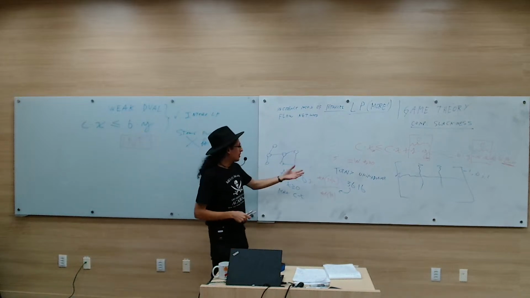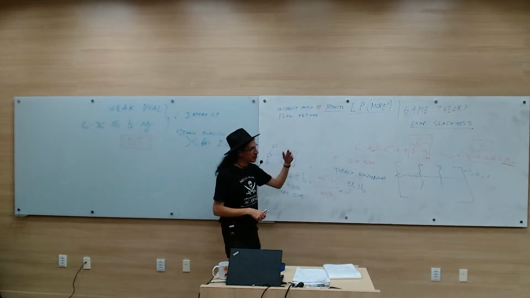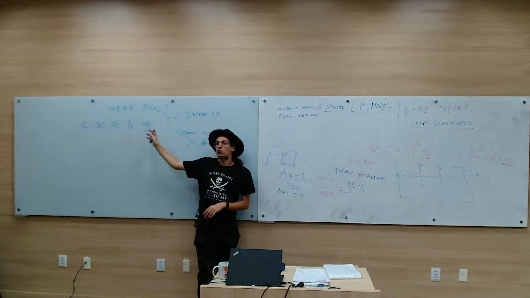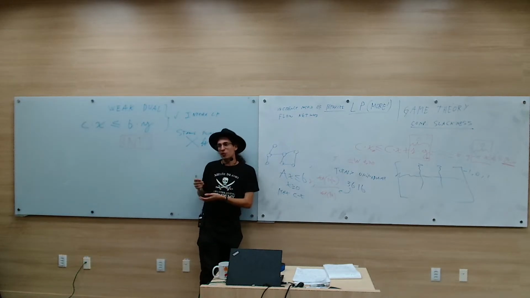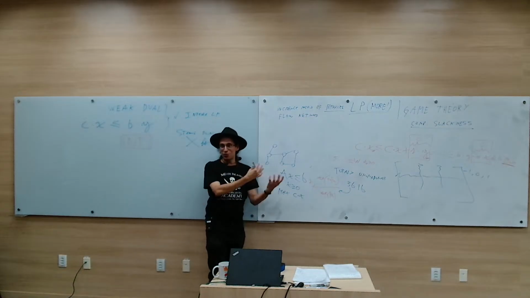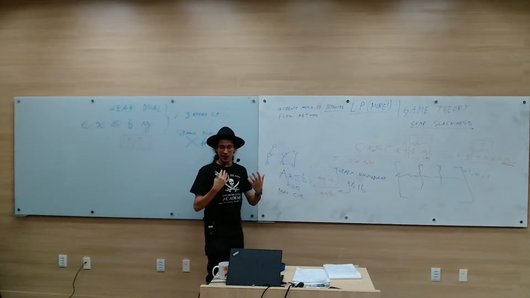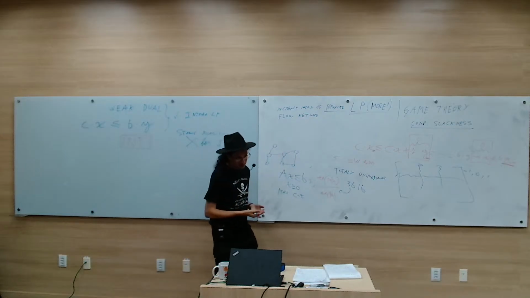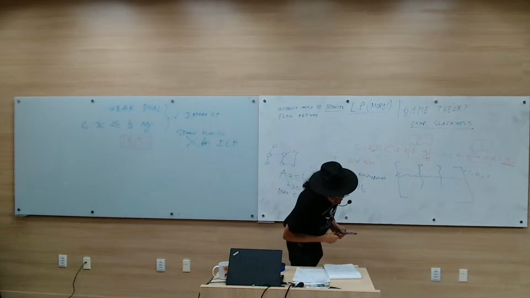Well, that matrix is well known to be totally unimodular, so it happens to be the case that the continuous solution of the continuous min cut problem is actually realized at the discrete version, so it was the min cut. No surprise, we already knew max flow min cut holds, but everything fits together. It's good that it is fitting.